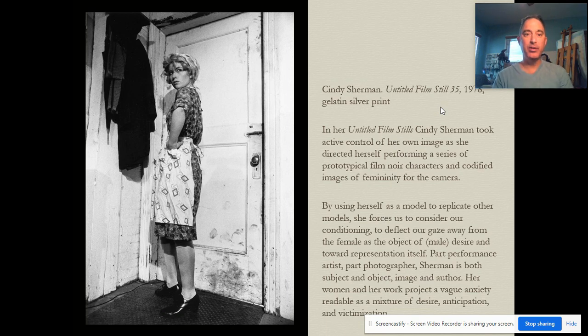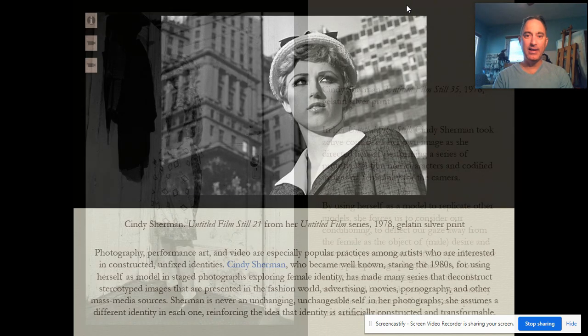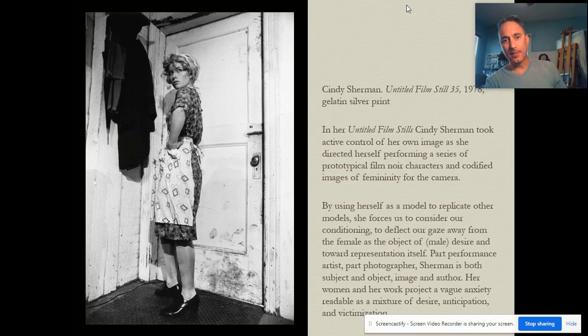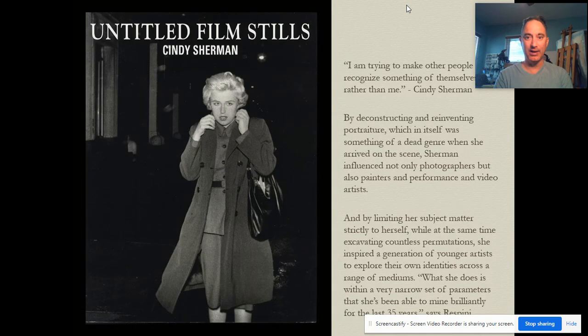She wanted to take women and place them in situations where they seem vulnerable but defiant, the exact opposite of an object of male desire. She wanted to move towards the female as representation itself, not an object.